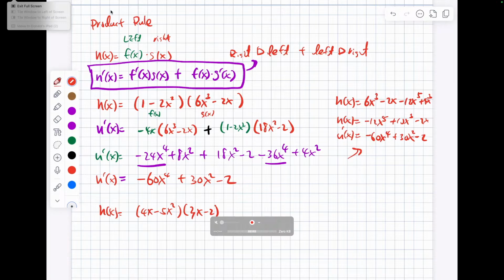You can always use any rule you want. In this case it's actually better to do power rule, but we're going to give you a future situation where you have to use product rule, which is going to happen like 2 minutes later. There's no other way to distribute it.